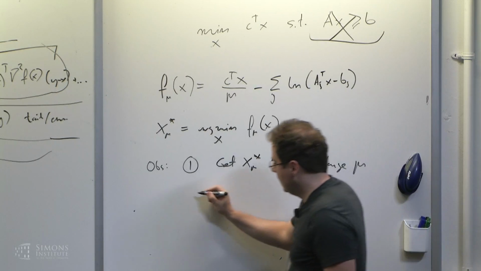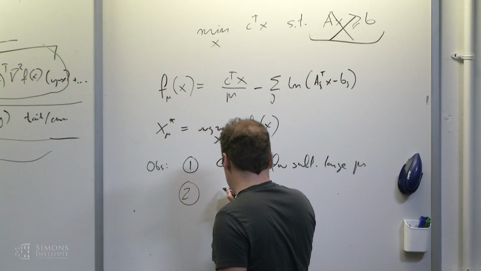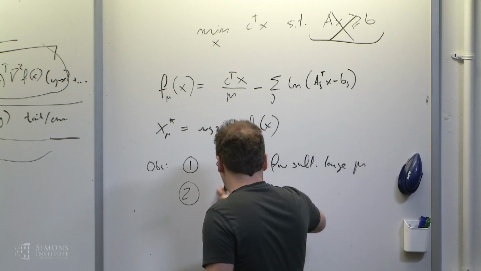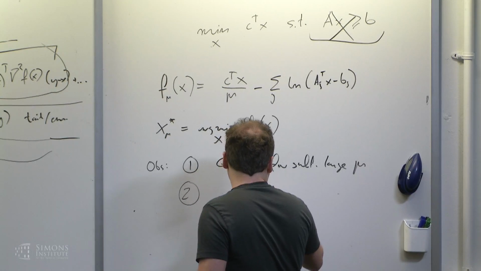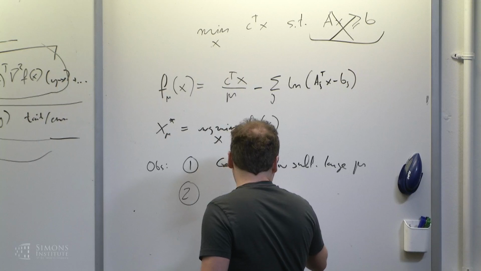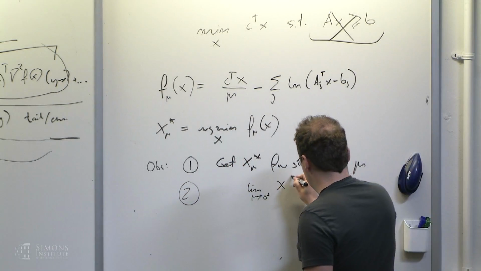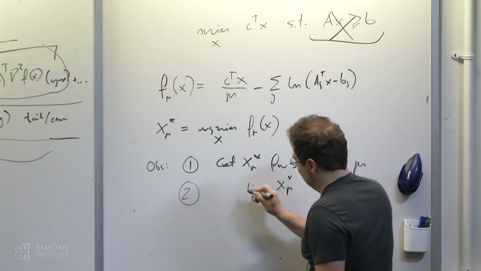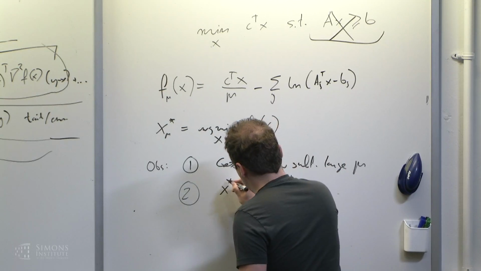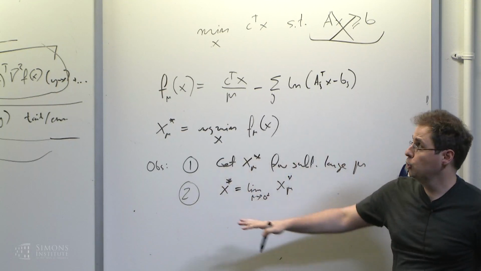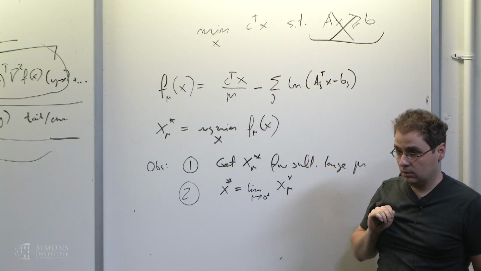The other important thing is that if I look at the limit of these solutions as mu stays positive but approaches 0, then this will become the optimal solution to the original LP I wanted to solve.